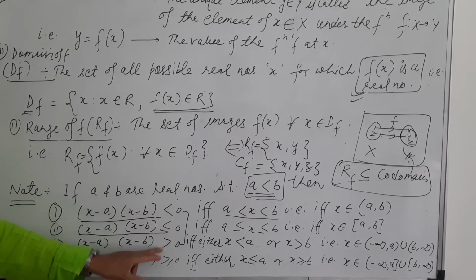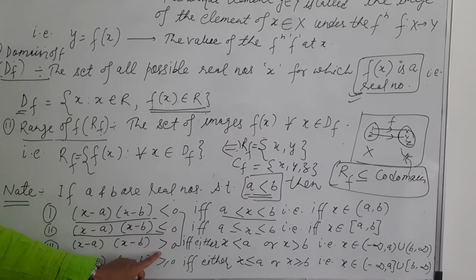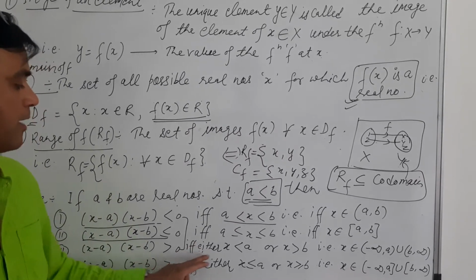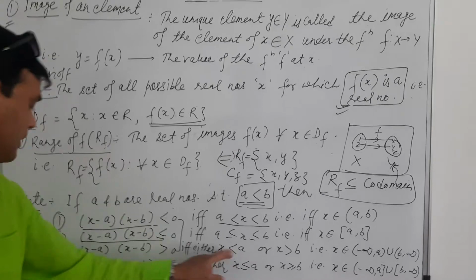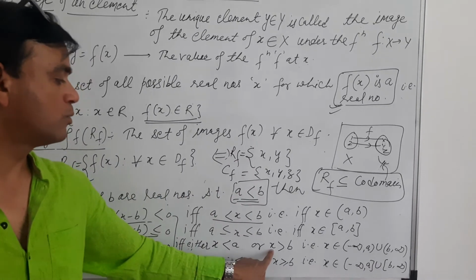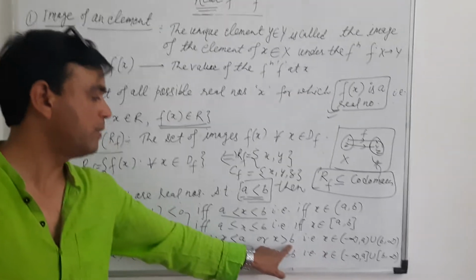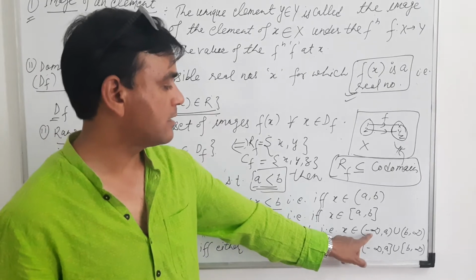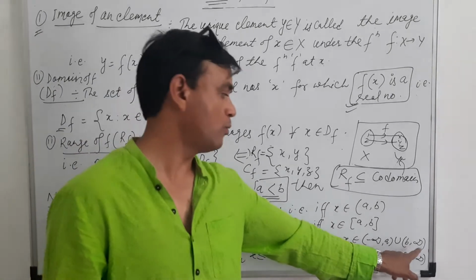There is a little difference in the inequality. Here is the less than sign, here is the greater than sign. If this condition is given, then this will happen if and only if either x is less than a, or x is greater than b. In interval form, you can write this as x belongs to (minus infinity, a) union (b, infinity).